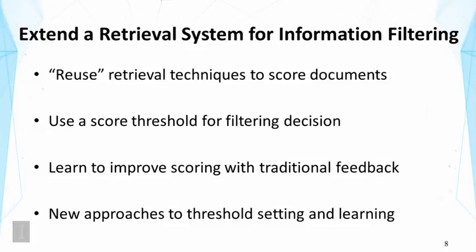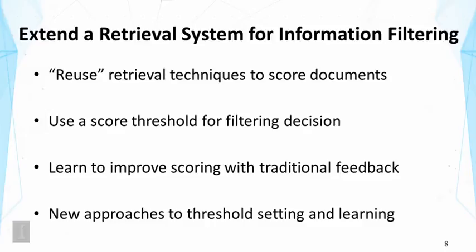We do retrieval, and then we find the scores of documents, and then we apply a threshold to see whether a document is passing the threshold or not. And if it's passing the threshold, we're going to say it's relevant, and we're going to deliver it to the user. And another component that we have to add is of course to learn from the history.